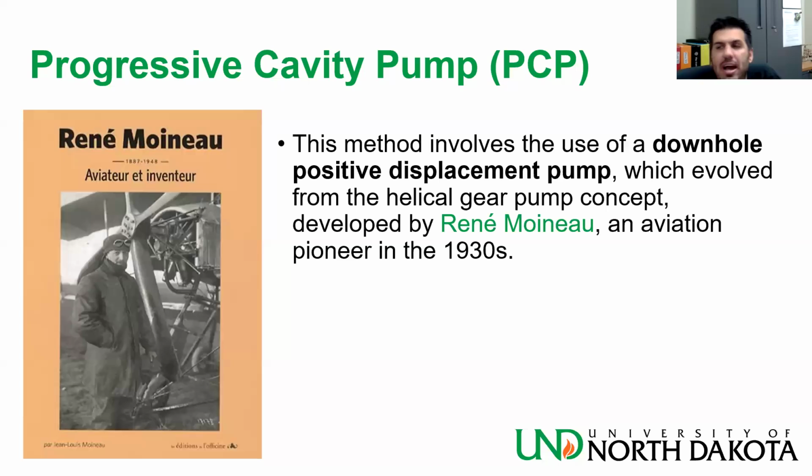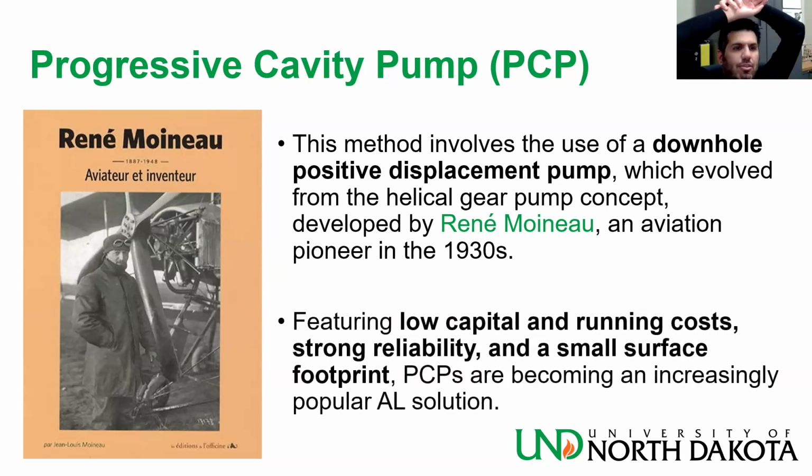Basically, you are trying to combine sucker rod with ESP, take most of the advantages of both, and eliminate as much of the disadvantages as you can. It features low capital and running cost, strong reliability, and a small surface footprint. PCPs are becoming an increasingly popular artificial lift solution, more and more popular as time goes by.